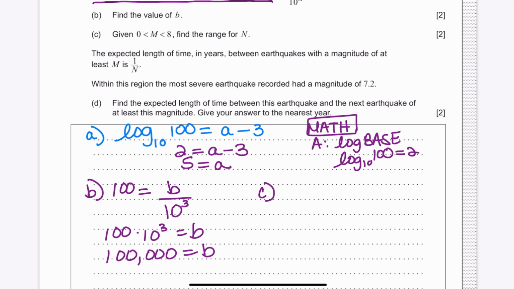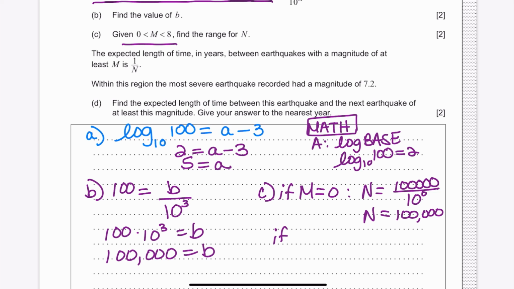For part C, it says, given that 0 is less than M less than 8, find the range for N. Well, basically that means that I'm going to have to figure out when M is equal to 0, that means that N is equal to 100,000, which is B, divided by 10 to the 0 power. So that means that N is equal to 100,000.